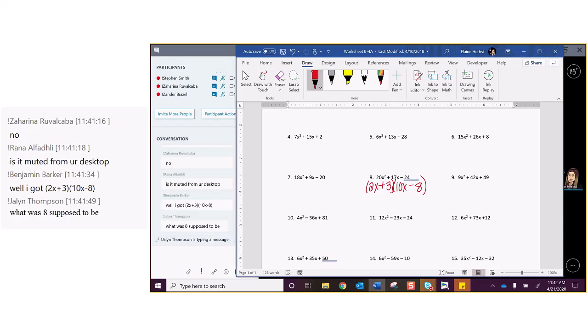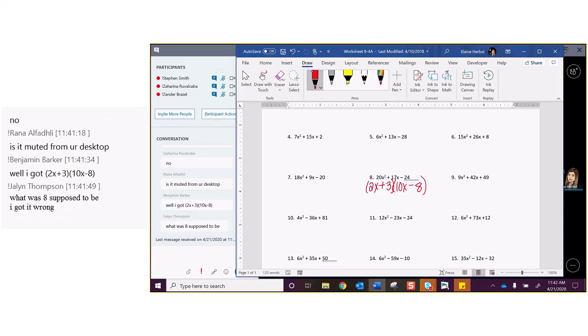When I look in the back, 3 times negative 8, that is negative 24. When we go here, 30x, right, 3 times 10, and this would be negative 16x. 30x minus 16x is what? 14x. But I don't want a 14. I want a 17.